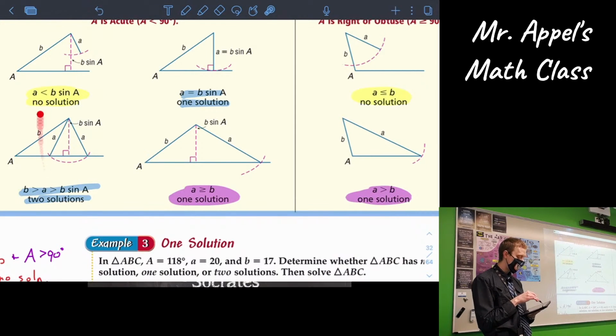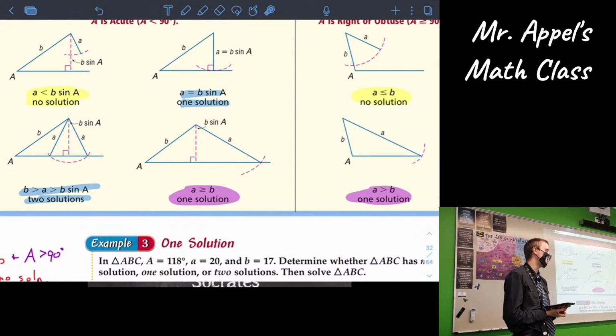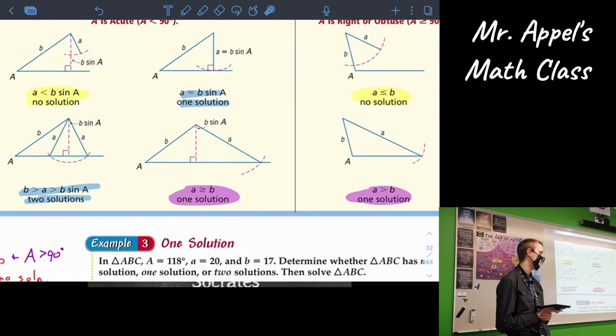And then the last three possibilities are based on how A compares to B sine A. And for that, you have to do a little bit of computing. You have to find B sine A and compare the numbers. So step 3 requires the calculation. I tried to reduce it down to just 2 options. Actually, all 3 of these get thrown in the find the B sine A portion.